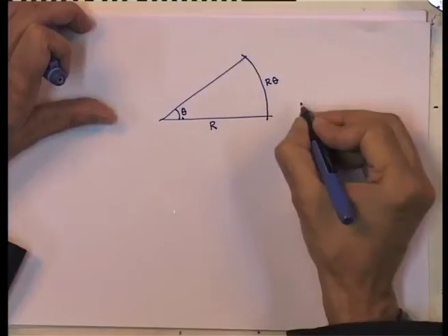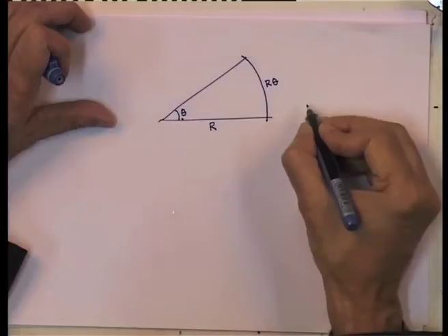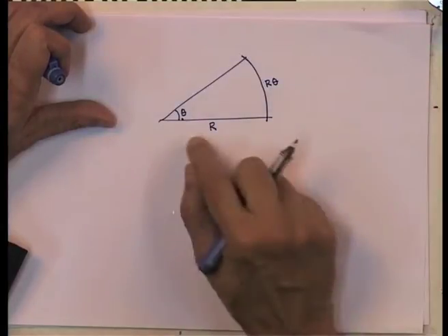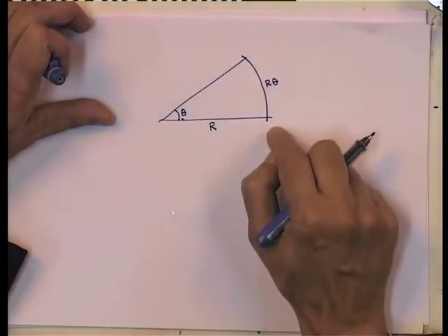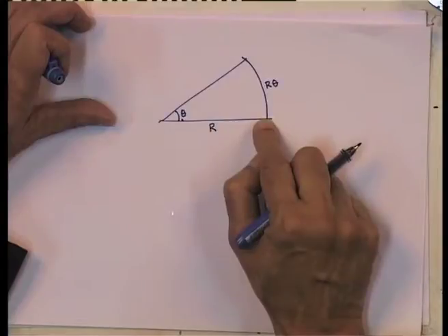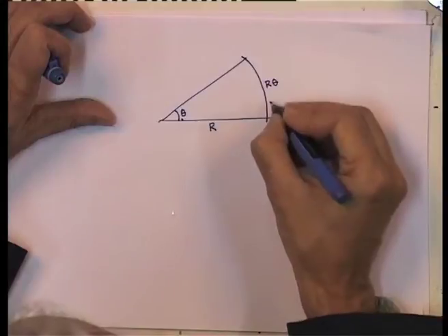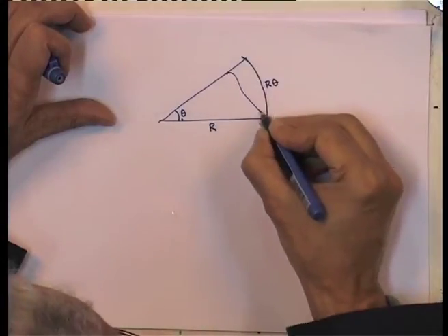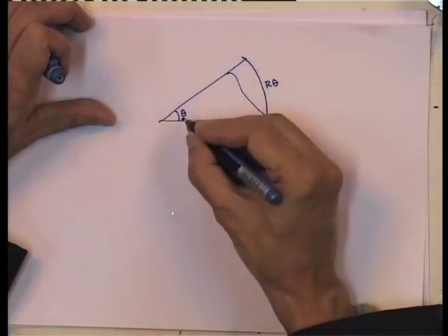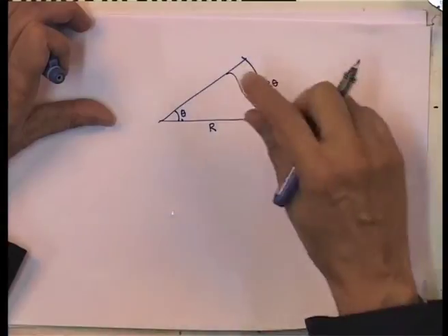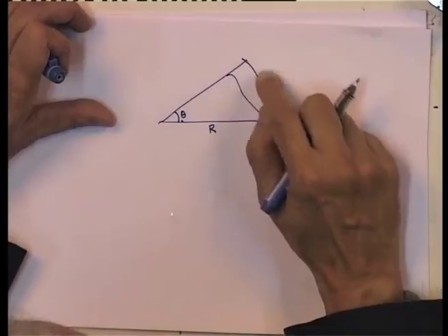In other words, you define this angle theta, measured in radians, as the ratio of the length of the arc to the radius. The only thing that you should recall is that this arc is a part of a circle. If you did not have this as a part of a circle, but you had a curve like this, then I could still define this angle theta by taking the projection of this arc along the normal.